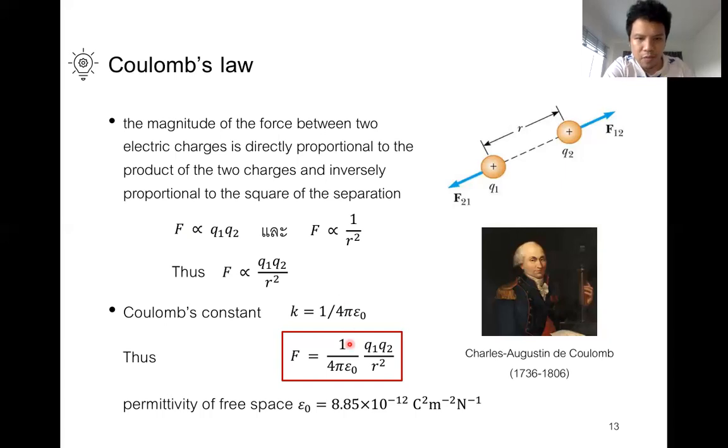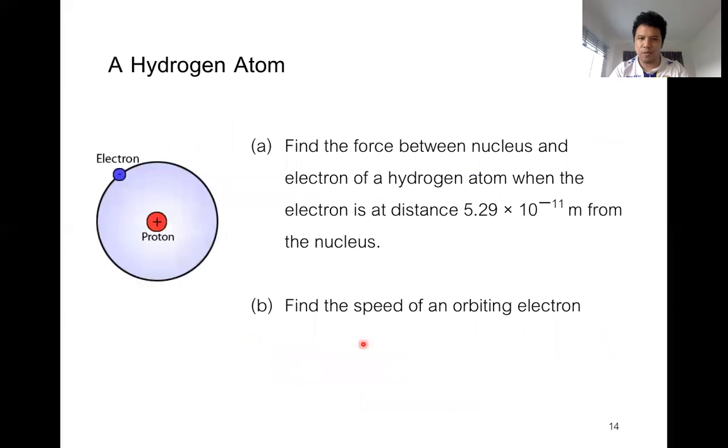If we consider just this constant, or the permittivity of free space, 1 over 4 pi epsilon 0 will make the Coulomb constant. So we multiply this constant of proportionality by Q1, Q2, and over R square. We can also write this as K Q1 Q2 over R square. So this is Coulomb's law.